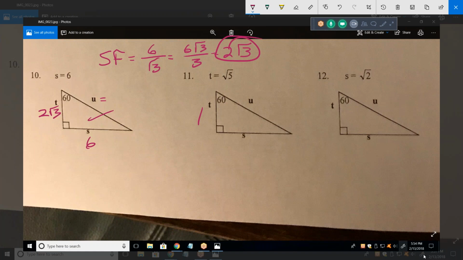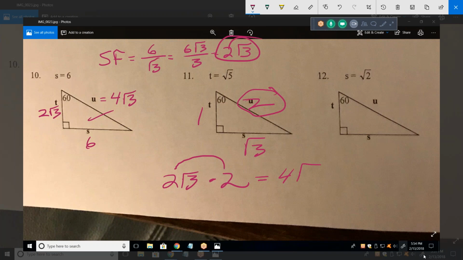It's 1, root 3, 2. So you've got to multiply your scale factor times 2. Would it be 4 root 6? 4 root 3, because all you're doing is multiplying the scale factor times the number 2, and you're only multiplying that, which is 4 root 3.